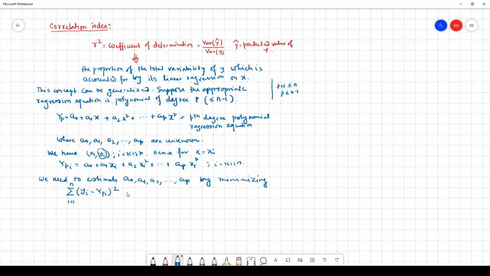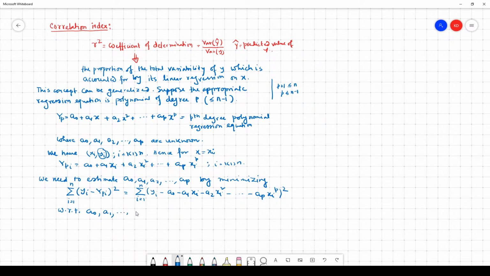We already knew this in my previous class, and this can be written as sum over i from 1 to n of small yi minus a0 minus a1 xi minus a2 xi square minus ap xi to the power p, whole square, with respect to a0, a1, a2, ap. Yes, Shashwati, you are right.